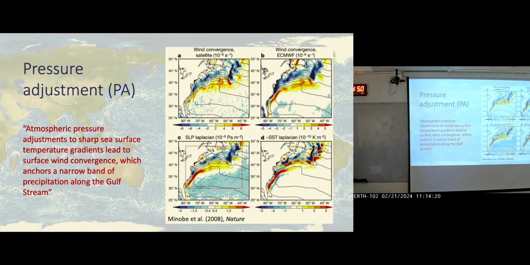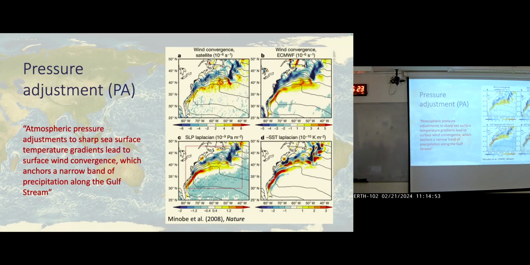A second mechanism that was suggested to explain this positive correlation is the pressure adjustment. The idea here is that when we have a warm SST, the atmosphere will adjust to this SST, and we will get a change in the surface pressure, and then convergence or divergence, depending on whether we have a positive or negative SST anomaly.